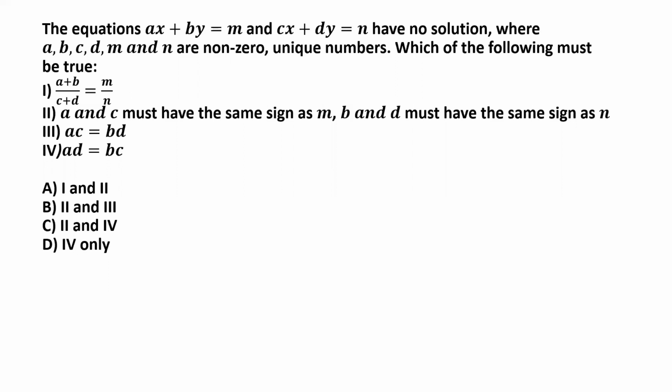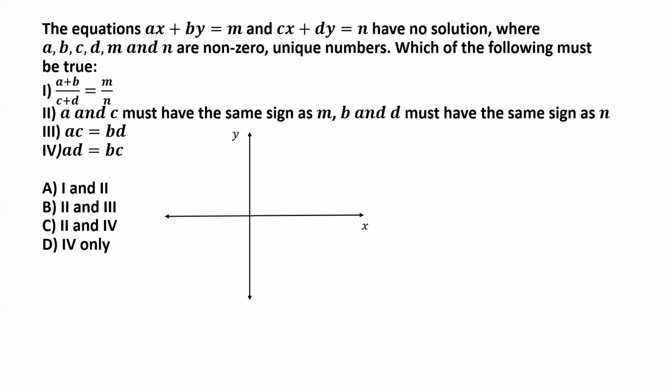We will consider a graphical approach towards finding the criteria when these two equations won't have a solution. So the first thing we do is draw out the xy axis to derive the criteria when these two equations don't have a solution.